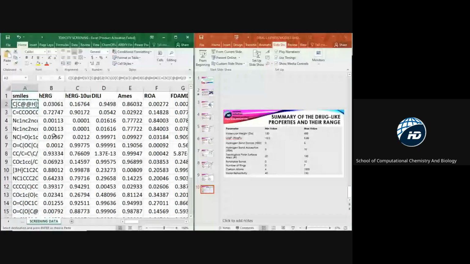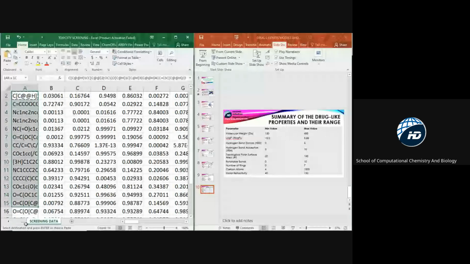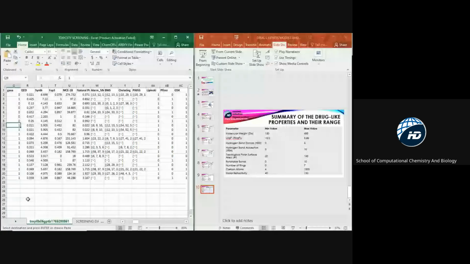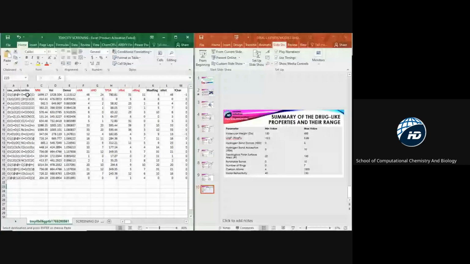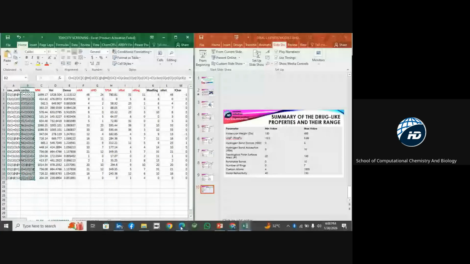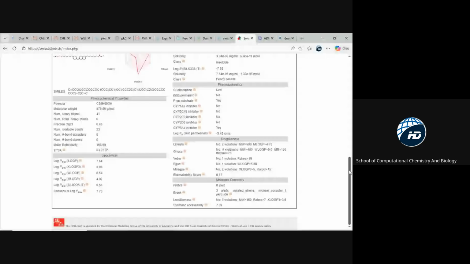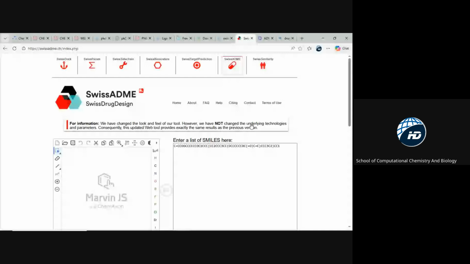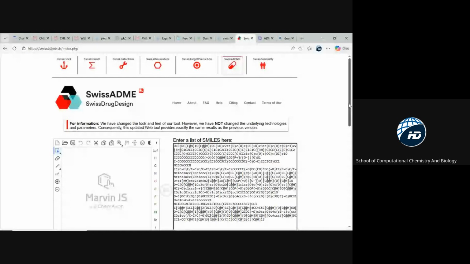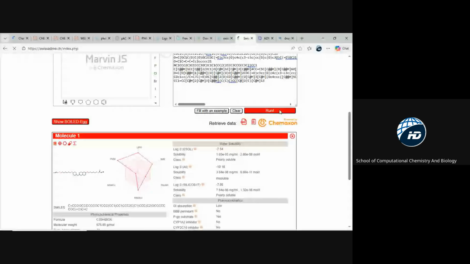If I have to count, we have 1, 2, 3, 4, 5, 6, 7. So 7 out of 9, because I took off carbon atoms, not necessary. Then the molar refractivity, since this data we are from ADMET, we'll just focus on these ones.